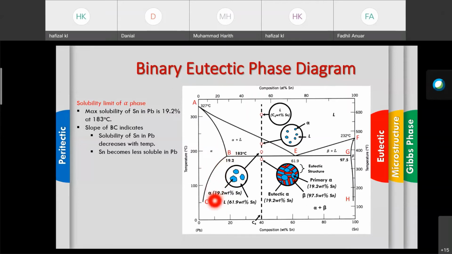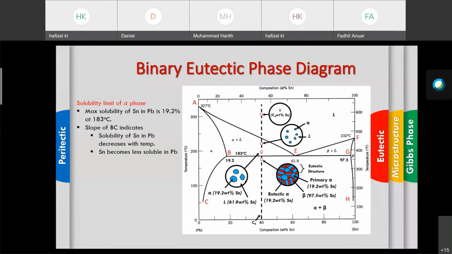We put 10% of Sn during the solidification, and we can see the line here, the line projection during the cooling process or solidification process. The existing of liquid, and then we can see the existing of alpha and also the existing of alpha and beta. After this we will see the microscopic point of view what will happen to this area.